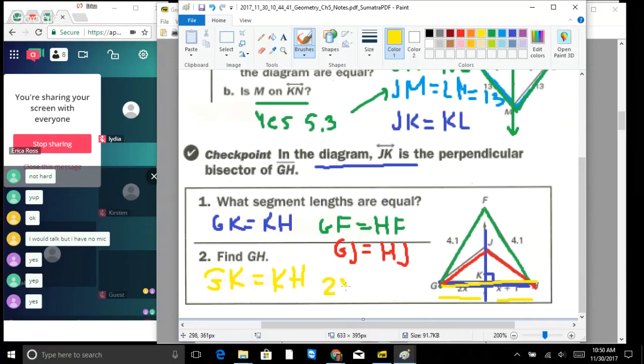GK is 2x and KH is x plus 1. So we get that x equals 1. So that means that this is a length of 2 and this is a length of 2. So GH is going to be 4 units long.